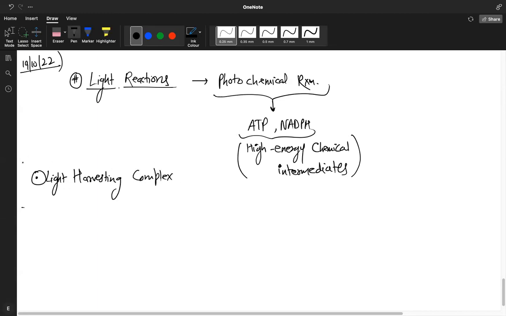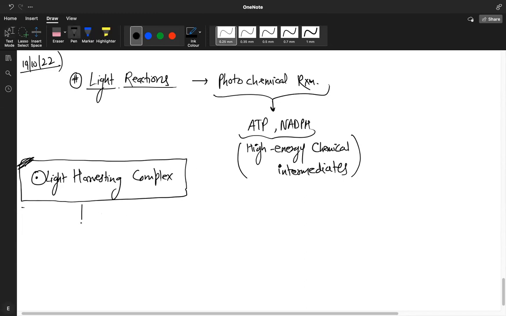So it does not just happen on its own. There is a biological complex of different kinds of cells, which contain pigments, most importantly chlorophyll A and B, and xanthophylls and carotenoids, pigments which are present in these cells.